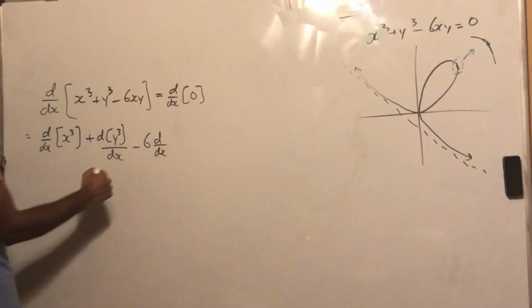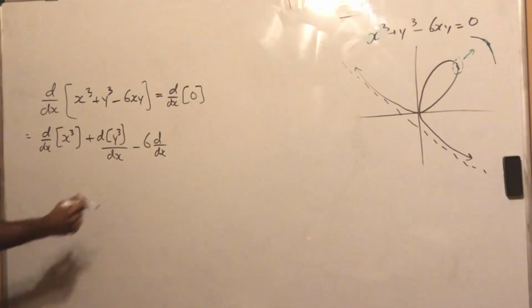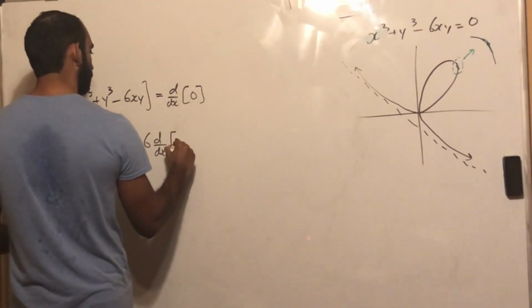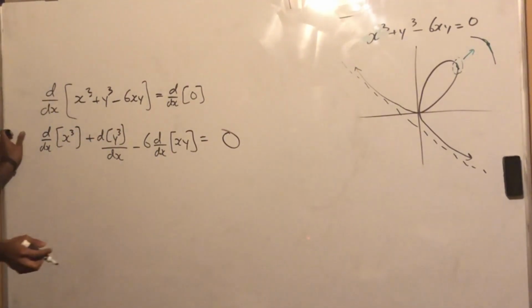I can pull out the 6 from my derivative, because again, this is just a constant. I'm allowed to do that. And so I get 0 on the right, and this on the left.